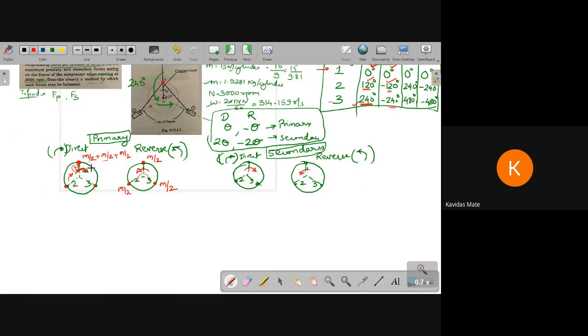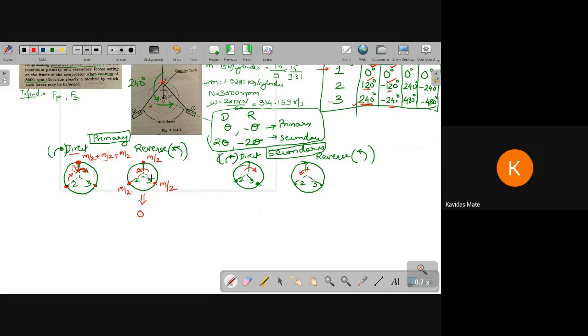Now once you look at this particular diagram, the entire reciprocating mass is concentrated at point number 1 for primary direct. And in primary reverse, the mass m by 2 is kept at 1, the mass m by 2 is kept at 2, the mass m by 2 is kept at point number 3. So if you do the resolution of this one, it will come out to be 0.